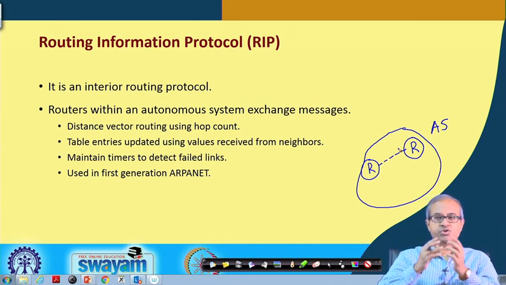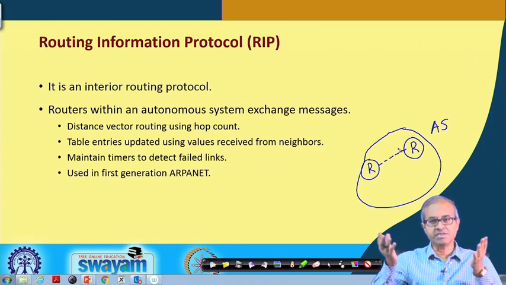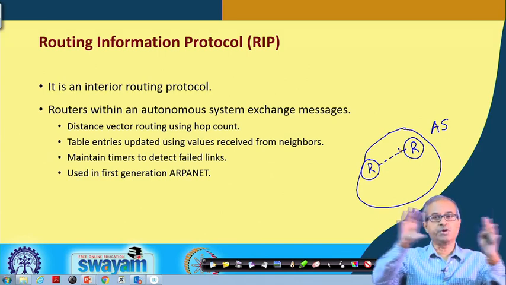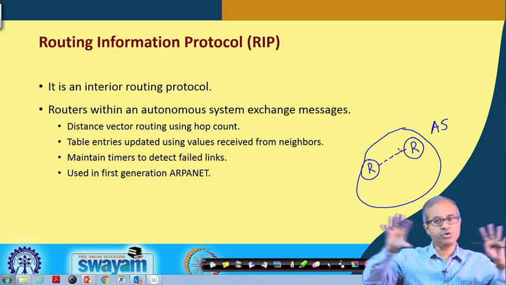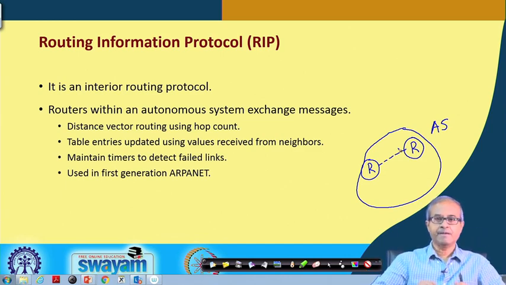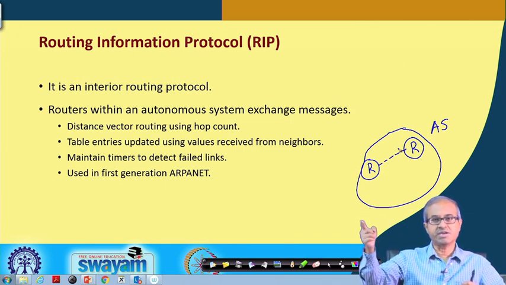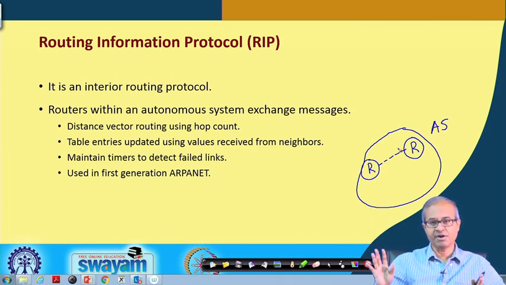Now, you may ask why this exchange is required, because they anyway belong to the same organization. But you see, consider an organization where there can be 2 departments, 2 different networks. There is one router sitting here, one router sitting there. The other router will know much better about the status of the other network, whether some link is down or everything is all right or not.